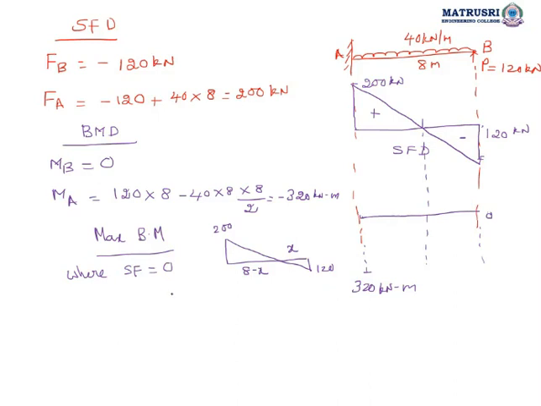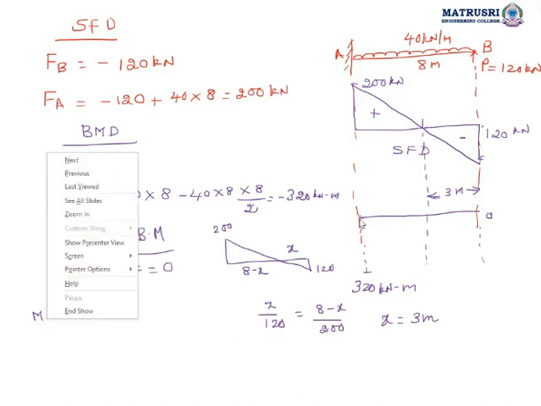I want to calculate the x value. Using similar triangles, x by 120 is equal to 8 minus x by 200. If you solve this, you will get x is equal to 3 meter. Now I calculate the bending moment here, the maximum bending moment.